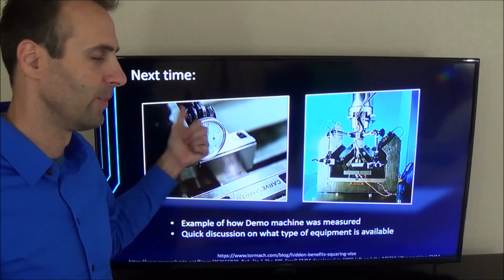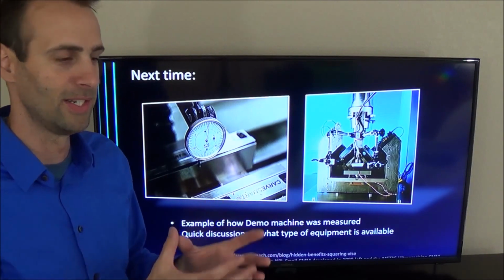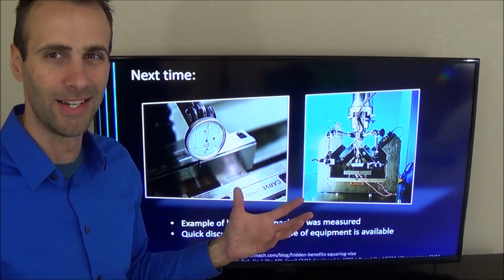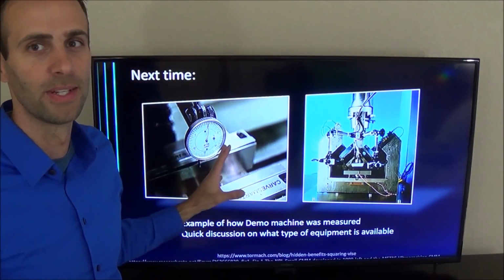Think about a piston or a journal bearing in a car: the tolerance is 1 or 2 thousandths. So don't get hung up on it.